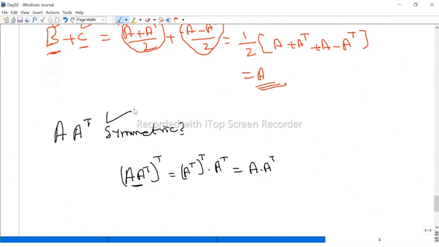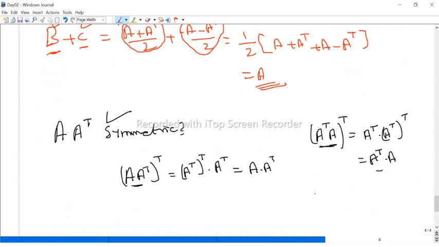Then what about A transpose A? Is this symmetric? We will check. We have to take the transpose and apply the definition: the second matrix transpose into the first matrix transpose. The first matrix is A transpose, and you take its transpose, so A transpose into A transpose transpose, which is nothing but A transpose A. We get the same matrix.